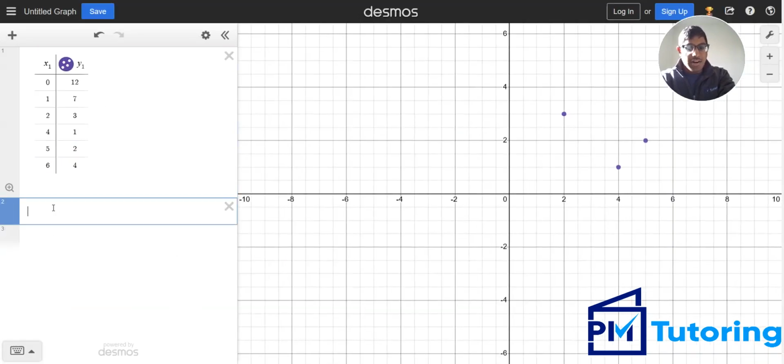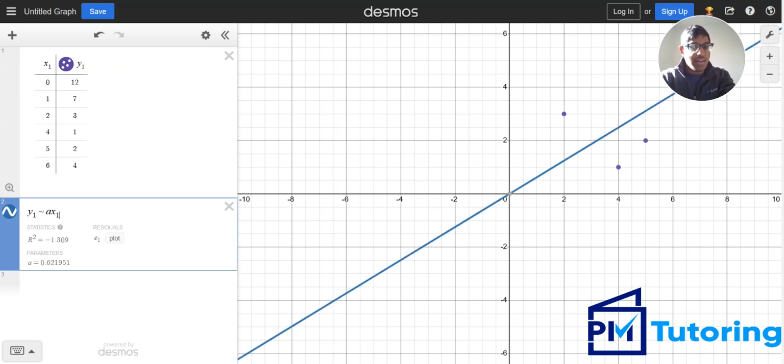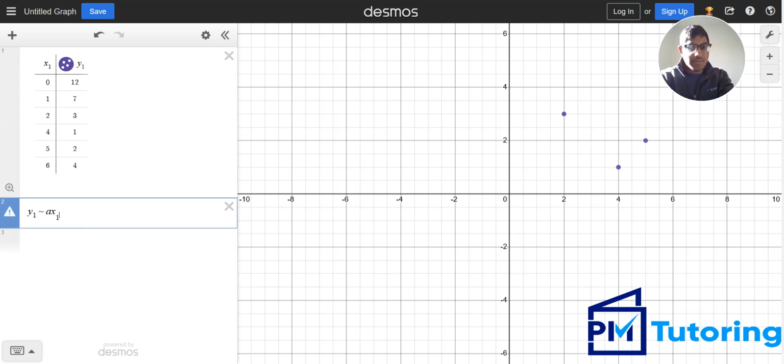So again, we use our regression, y subscript 1, and then tilde. Now, this is in the form of a parabola, so that's going to be a x sub 1, and that's going to be squared. So we square that. Nope, we got to square this whole thing.